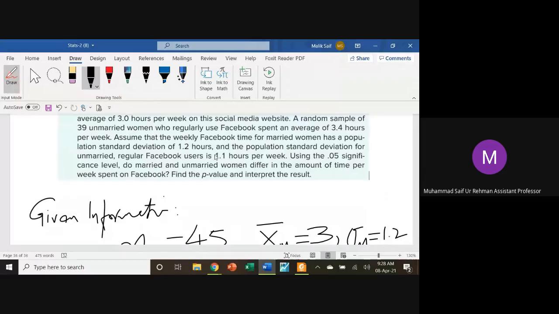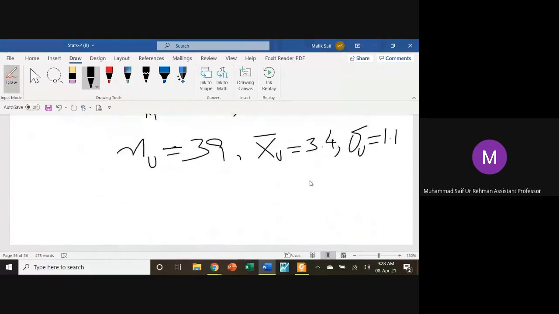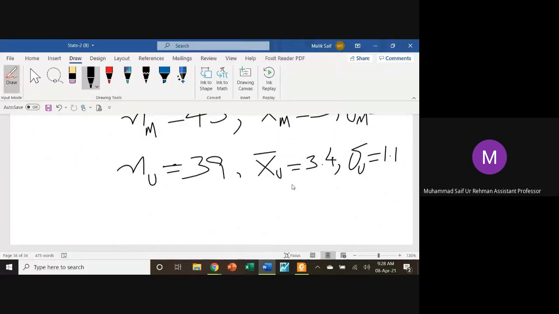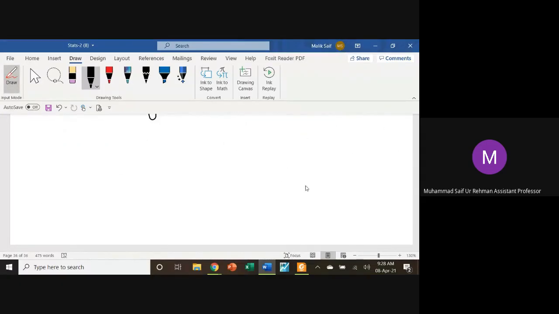Fine. What else is there? Significance level 0.05. This we may write down in step 2. So let us write down step 1.